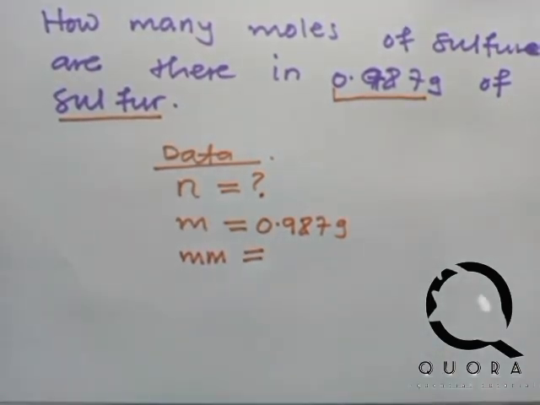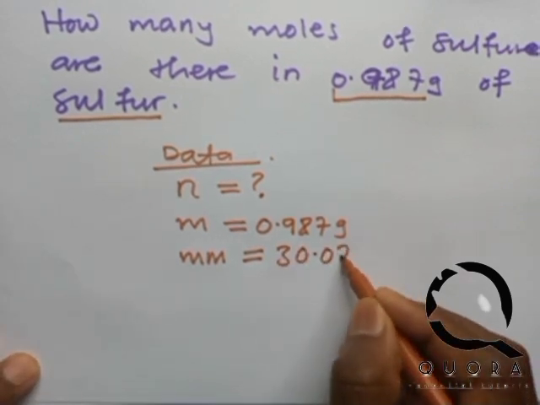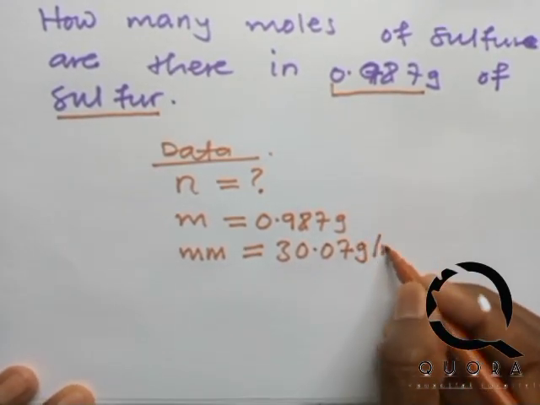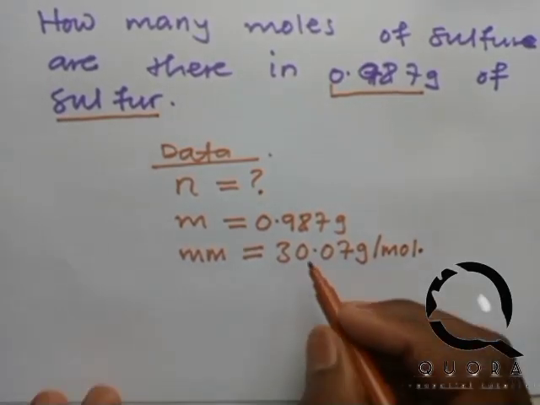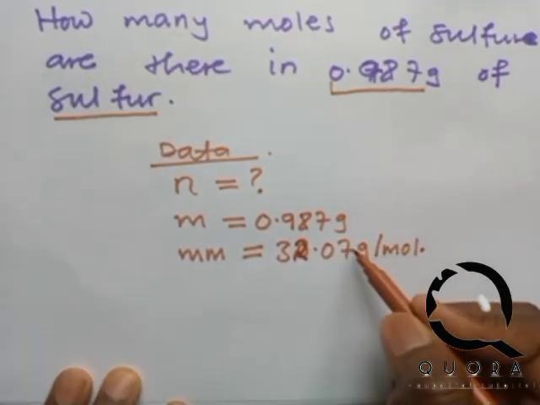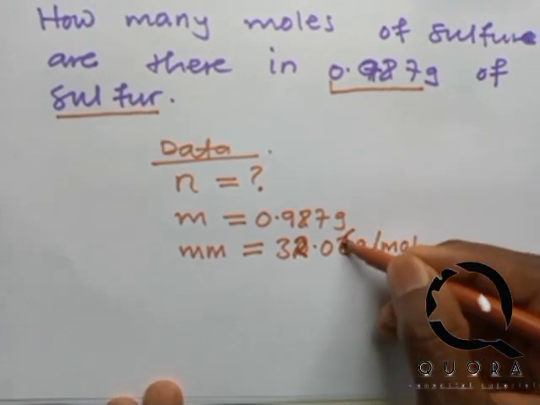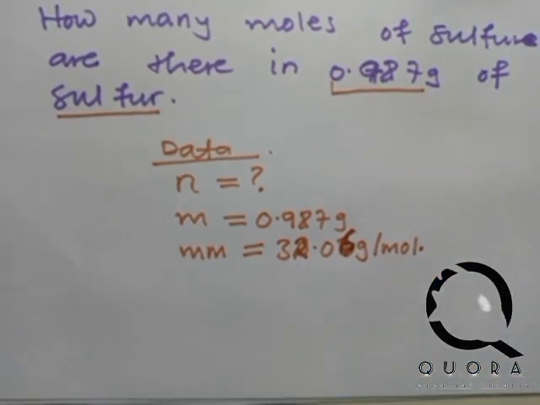If you go on the periodic table, for sulfur we have a molar mass of about 32.06, and this must have units of grams per mole. Let me write it as 32.06 grams per mole.